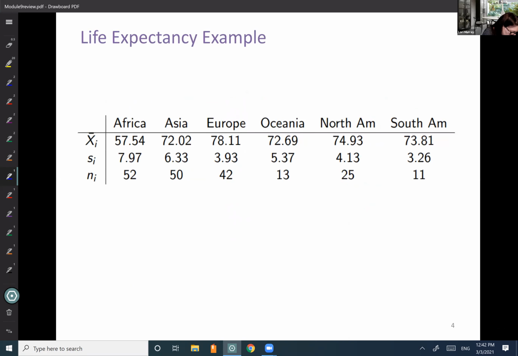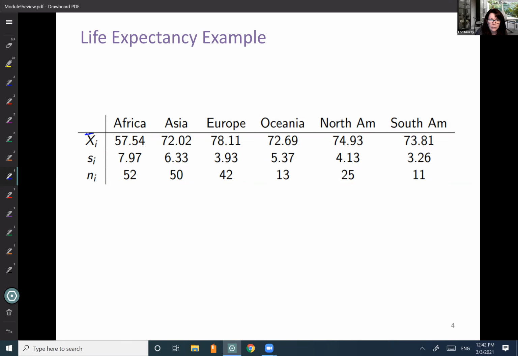So this is X bar for each of the continents. We have 6 continents here. For example, Africa life expectancy is 57.54 with a standard deviation of 7.96. And the N is the number of countries. So N subscript i says 52 countries in Africa for this data set.